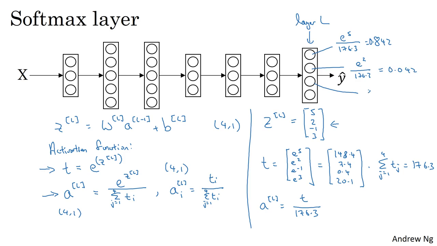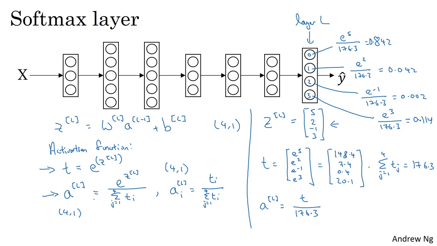The next one is e to the -1 over that, which is 0.002. And the final one is e cubed over that, which is 0.114. So about an 11.4% chance that this is class number 3, which I guess is the baby chick class, right? So there's a chance of it being class 0, class 1, class 2, class 3.